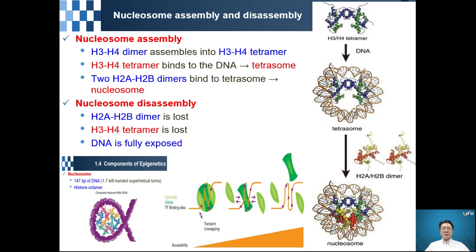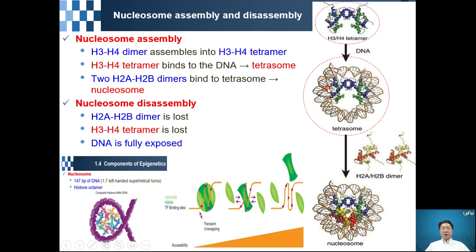Okay, first of all, H3-H4 dimers assemble into the H3-H4 tetramer. So this is the H3-H4 tetramer. After that, the H3-H4 tetramer binds to the DNA. So after that, they will make the tetrasome like this. So this is the tetrasome.